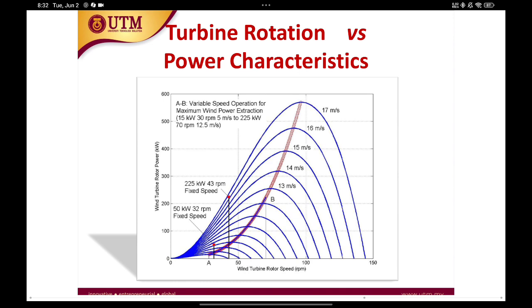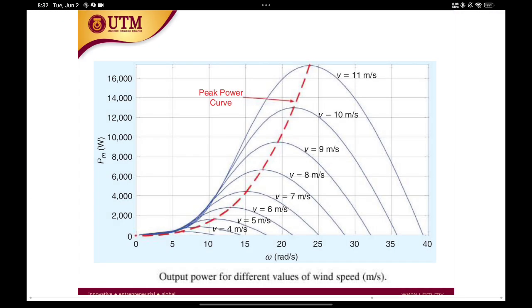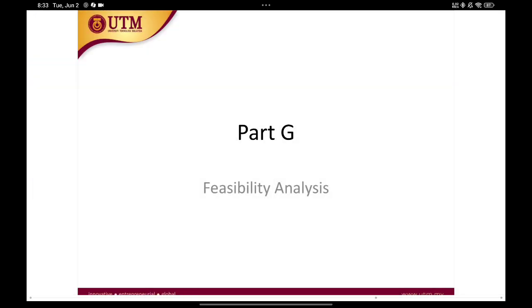The characteristic should be something like this, and you have to draw the optimal power curve, this one. Also when the wind speed is higher, you have to know how to draw this. Make sure you know how to draw and label and so on.